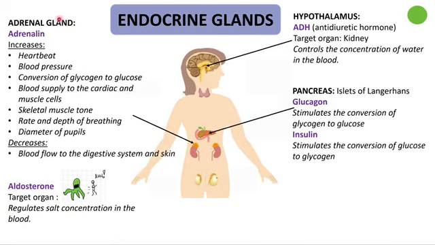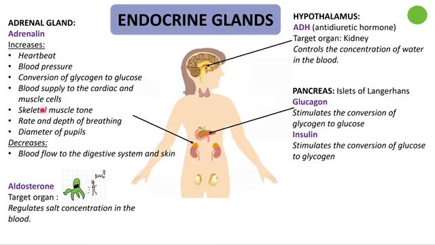So what is important is that you need to know the effects of adrenaline on the body. If you think of your fight or flight response, you're going to run away from the lion, so your heartbeat is going to increase, blood pressure will increase, we will have more glucose in the body so that there's more energy to burn. The blood supply to our muscles will increase, the skeletal muscle tone will increase.